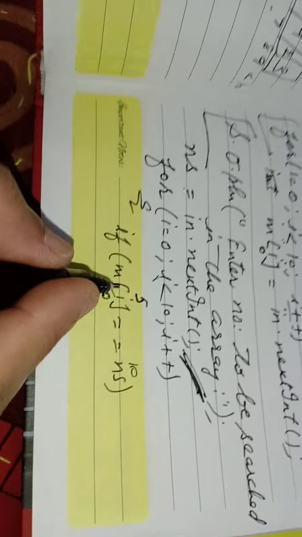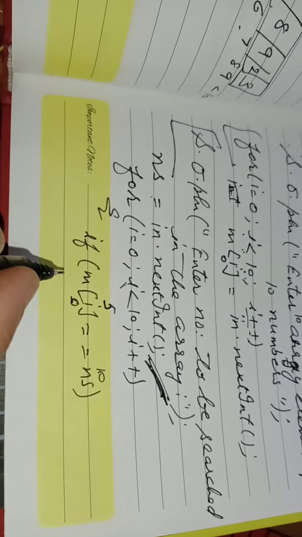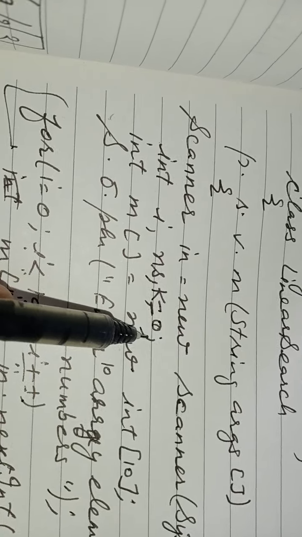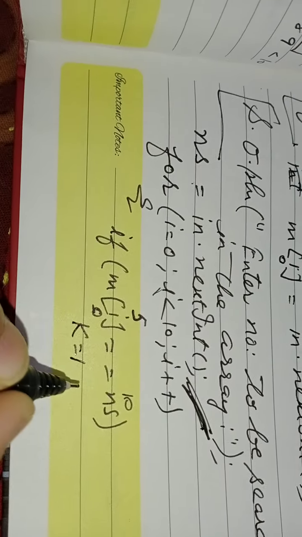Is it the same? No. So the condition is false. Next we need here one more variable k. Set this k in the starting to 0, and here we will write k = 1.